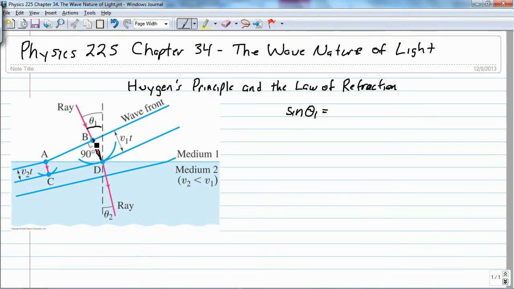There's one side. We have AD making up the other side, which means we have AB here. And it turns out that these are similar triangles. So this angle here is theta 1. There's a 90-degree angle here.